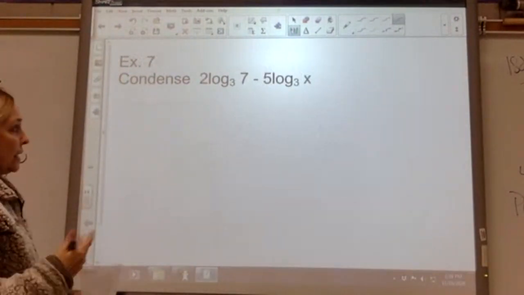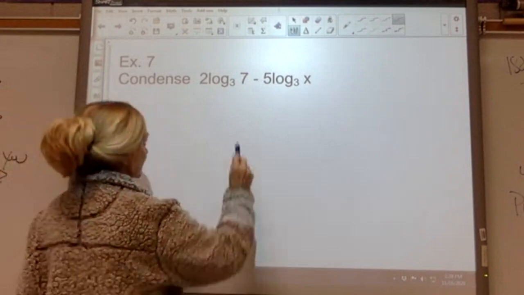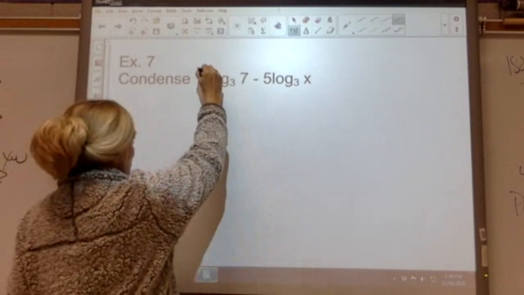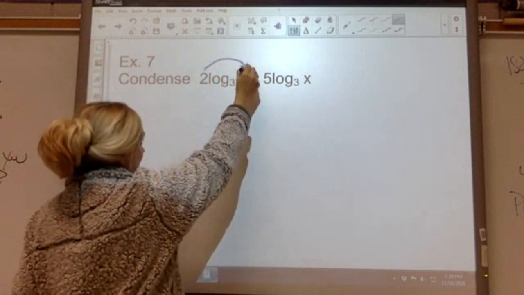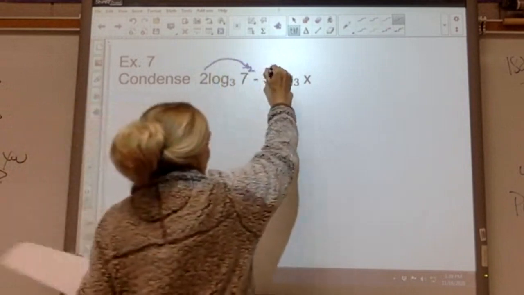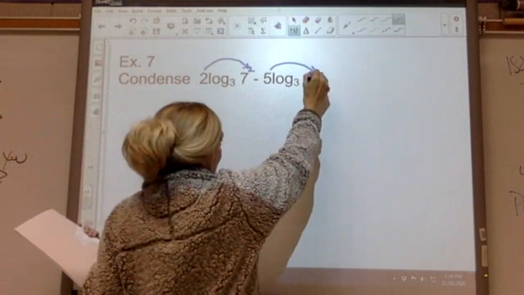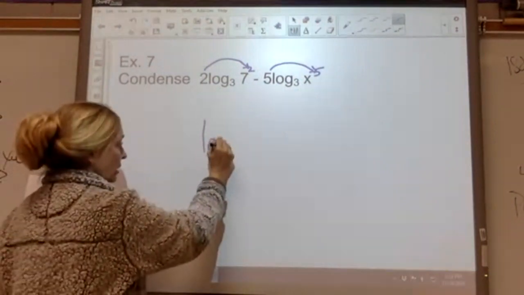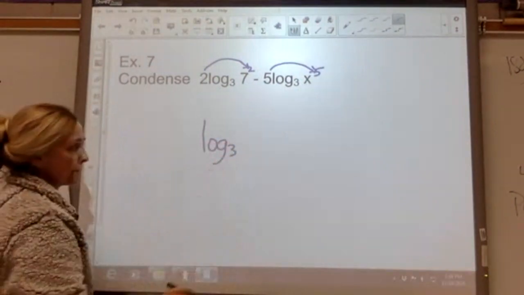All right. Here I still have subtraction, which tells me I'm going to have a fraction. So this 2 is going to move here and become the exponent. This 5 moves here and becomes the exponent. So I'm going to have 1 log, and it's log base 3.